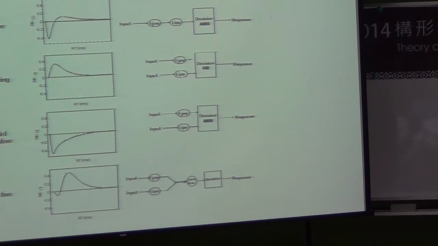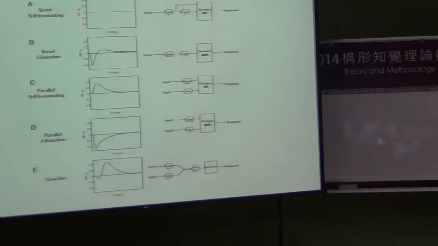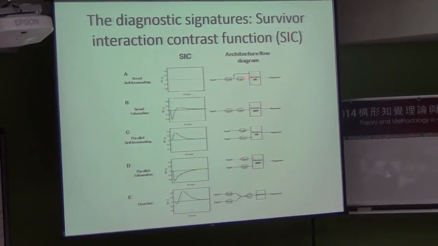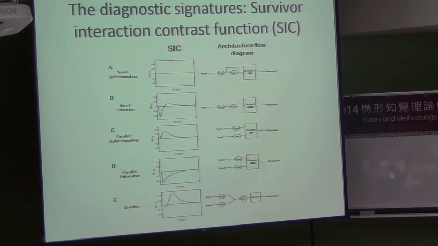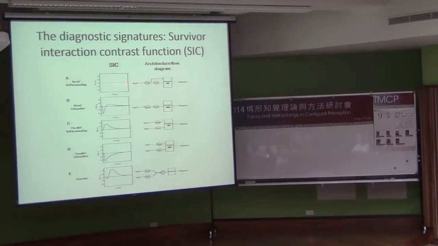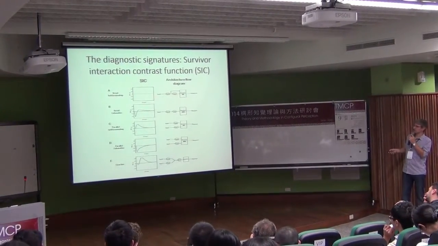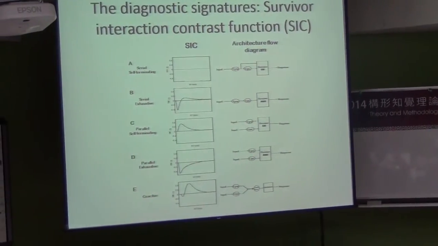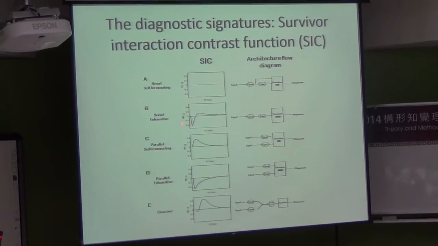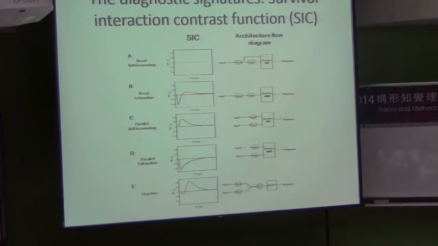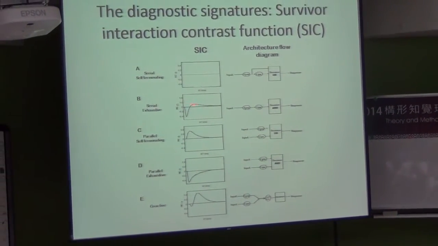What is really important is that all these different architectures that I described a couple of slides ago have their different signatures of the SIC function. So the serial self-terminating model has this flat SIC function. We got this signature, a flat function; nothing happens here. The serial exhaustive model has this function that goes negative and then positive, with an important constraint that the negative part is equal to the positive part.